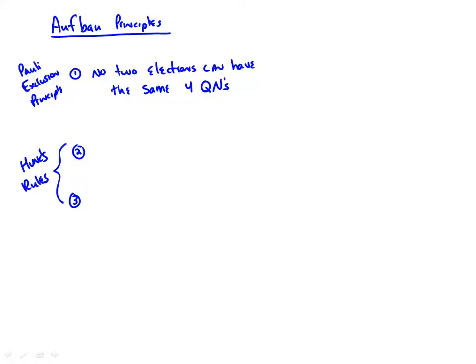And basically the first one says that we always fill from the lowest to highest energy. Actually, we need to add a fourth one in there. I should point out that the number of rules varies depending upon books.